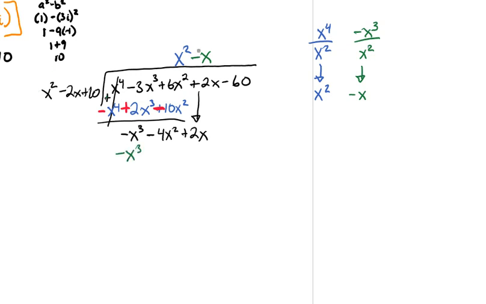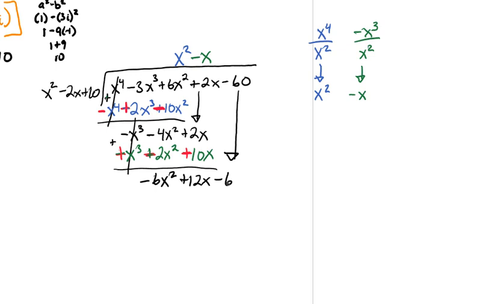Negative x times negative 2x is a positive 2x squared. And a negative x times 10 is a negative 10x. But we have to change all the symbols to their opposite, and then we can add those. So our x to the thirds cancel out, and then we're going to have a negative 6x squared plus 12x, and we'll bring down our 60.